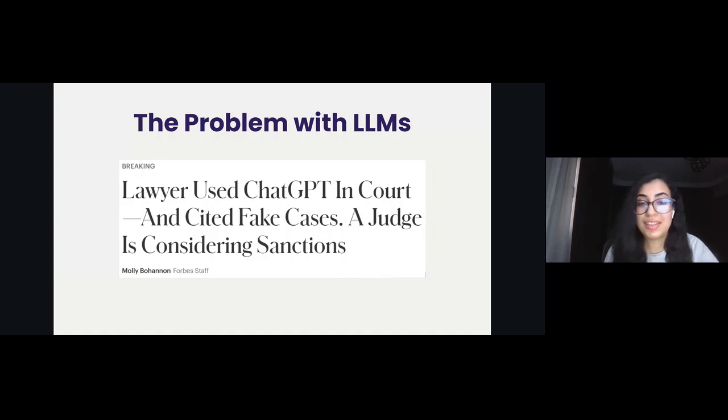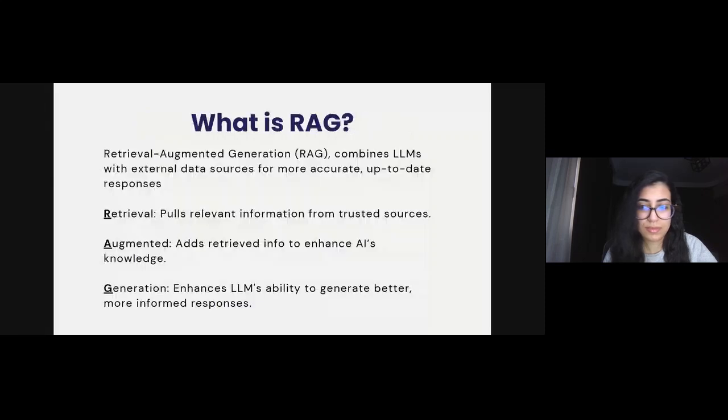So new methods like RAG are being introduced to enhance LLMs by connecting them with trusted sources and real-time data. Let's dive into how RAG works and why it is so important. So what is RAG?